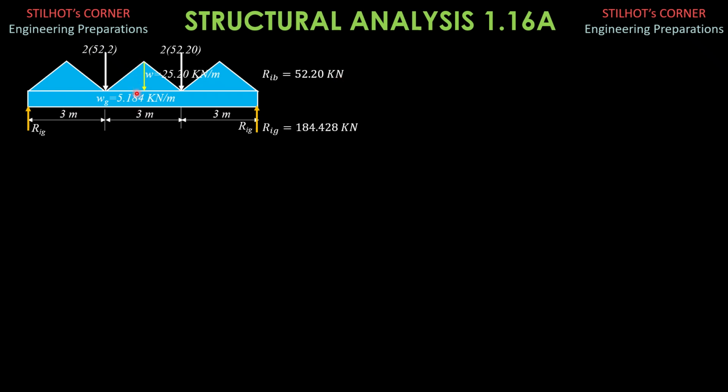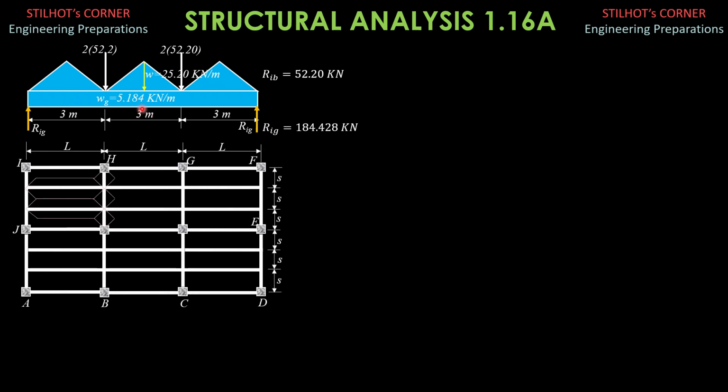We can now compute the maximum moment by taking moment about the center. Mmax interior girder is 184.428 times 4.5, minus the moment of this triangle.